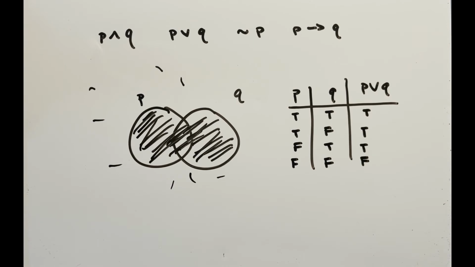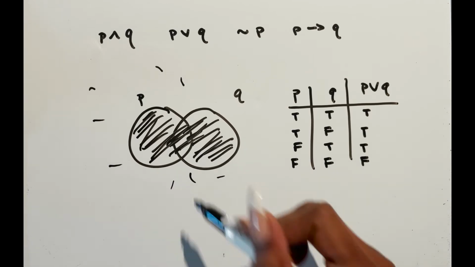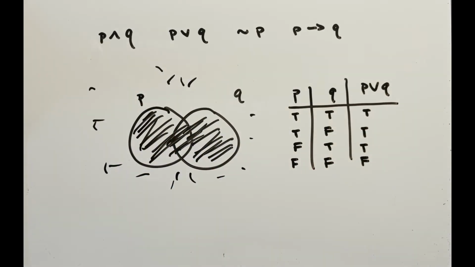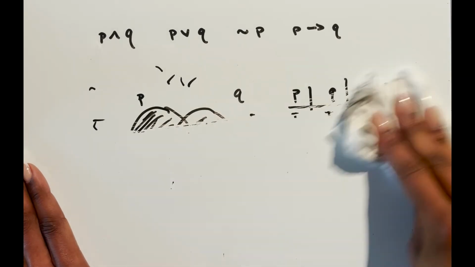Now, for this logic statement, we observe that the only time that the statement is false is when both P and Q are false. And again, that's represented by this area outside of these two sets. Now, let's move on to the not statement.